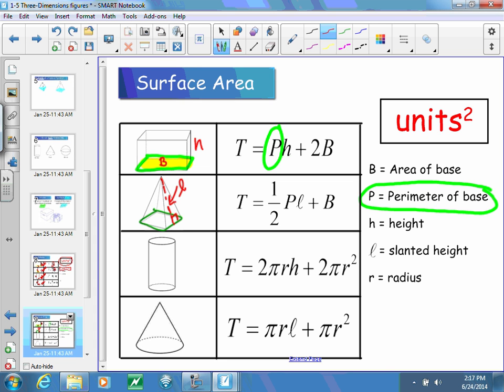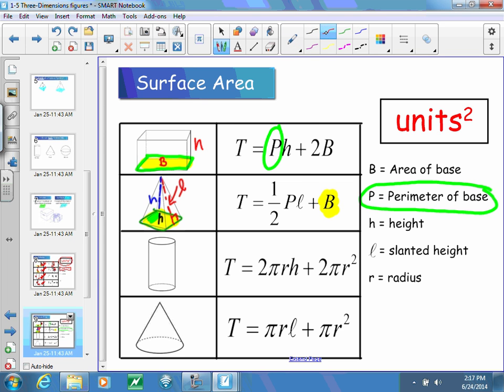Be careful, because that's not the height. The height gets dropped down right from the center. That's the actual height. The slanted height goes off to the side. And with this one you are also adding on the area of the base. So that's what we have here.